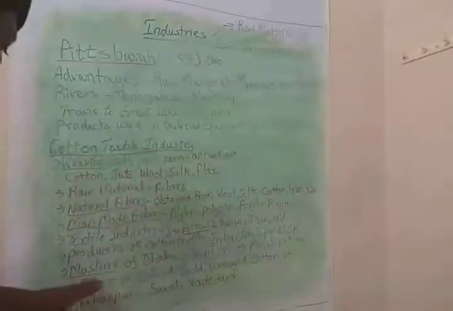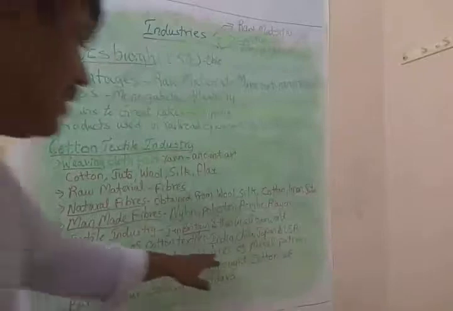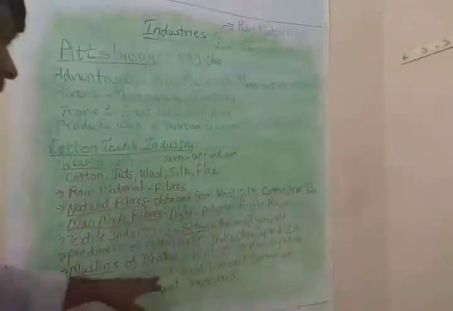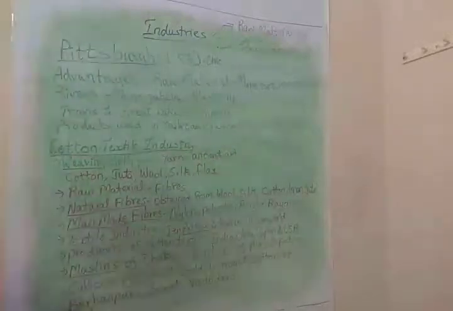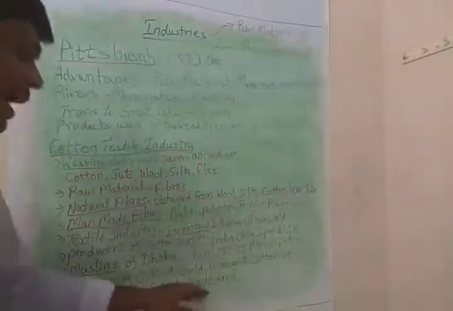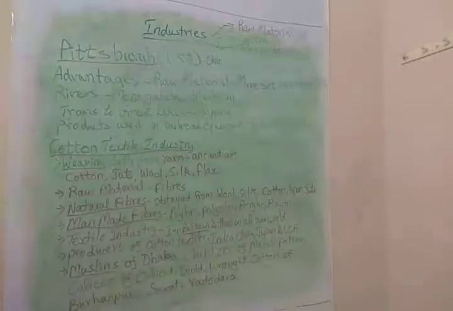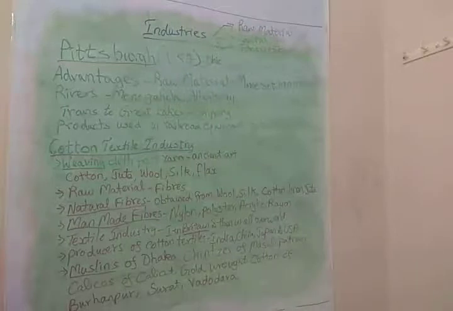In the same way, Muslins of Dhaka, Sims of Masulipatnam, Calicos of Calicut, and gold wrought cotton of Burhanpur, Surat and Vadodara. These are the main common brands in the olden days, familiar in many countries and in the world market.